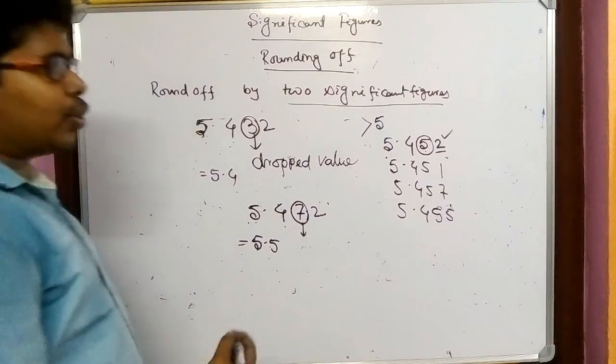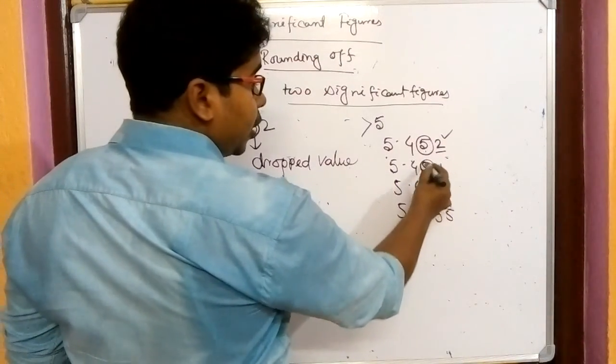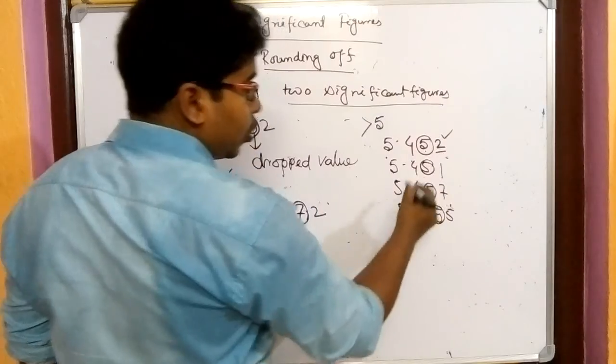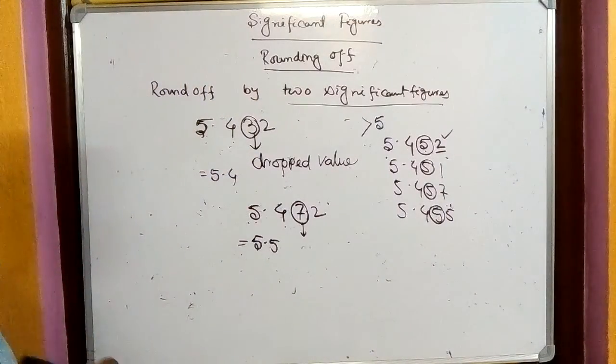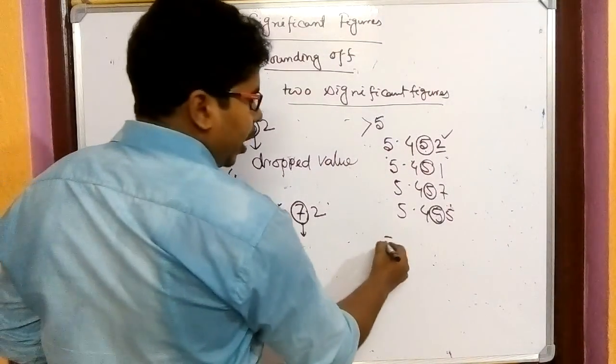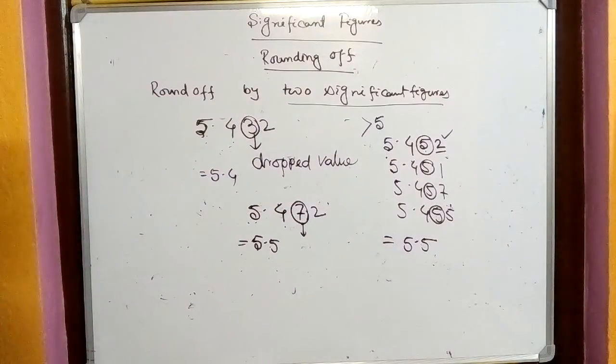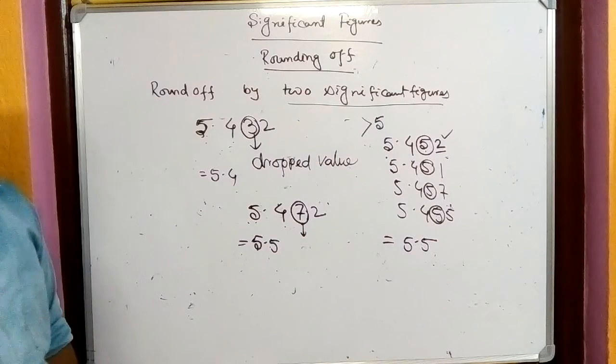And it is the rule, if the dropped value is 5 and after that there is some digit, then in this case it will be increased by 1. It is 5.5. Then it will be increased by 1.